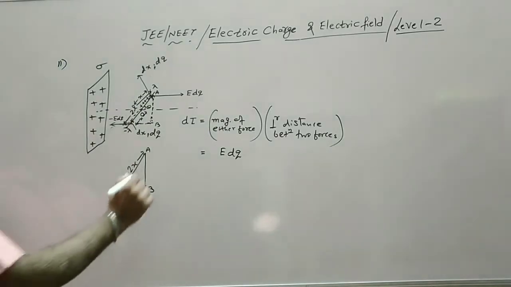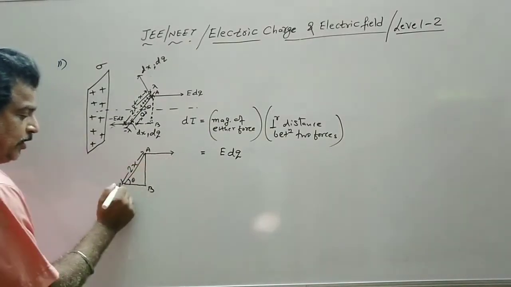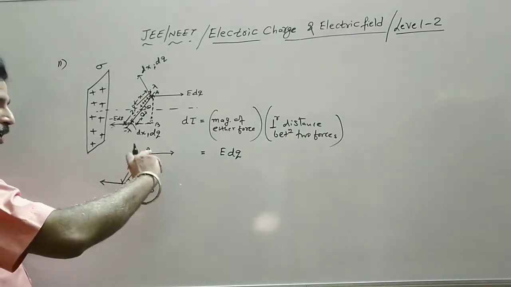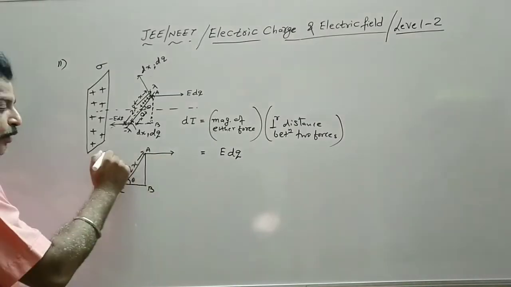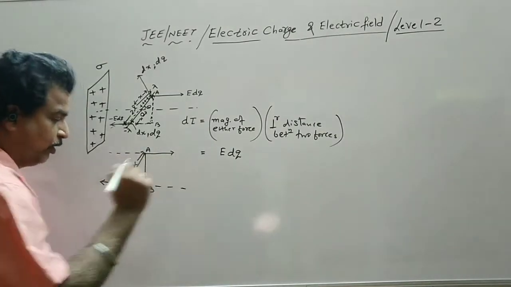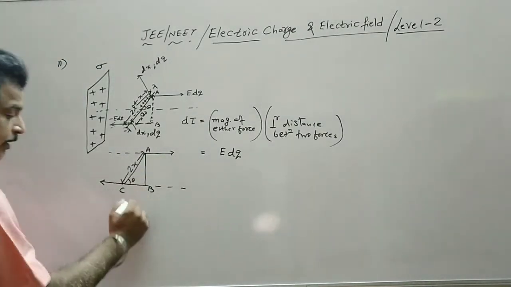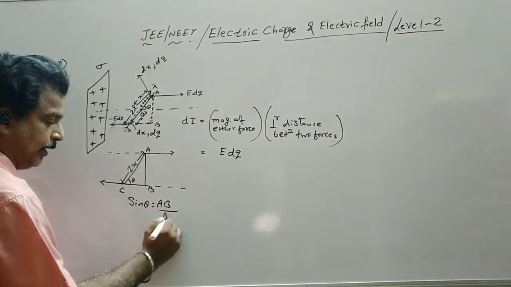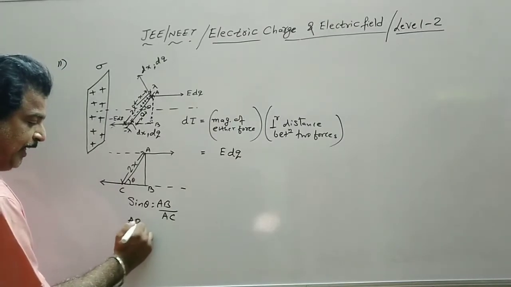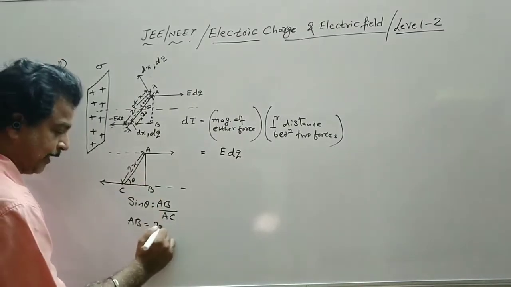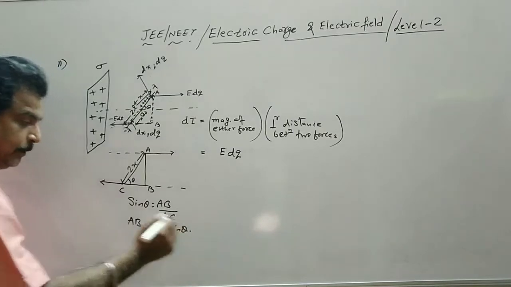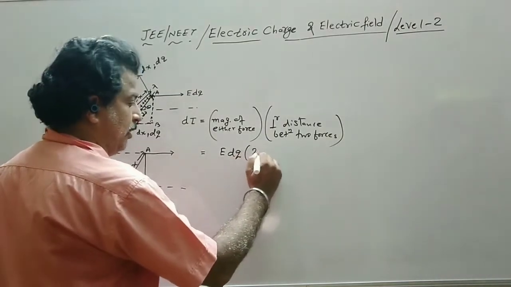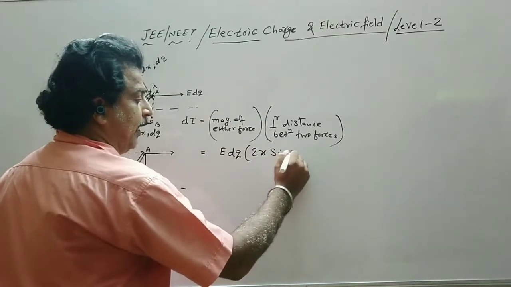The force acting on A is in this direction, the force acting on C is in this direction. So what is the perpendicular distance between the two lines of action of force? Clearly sin theta can be written as opposite upon hypotenuse. So AC is 2x, giving 2x sin theta. So the perpendicular distance between the two lines of action of force is 2x sin theta.